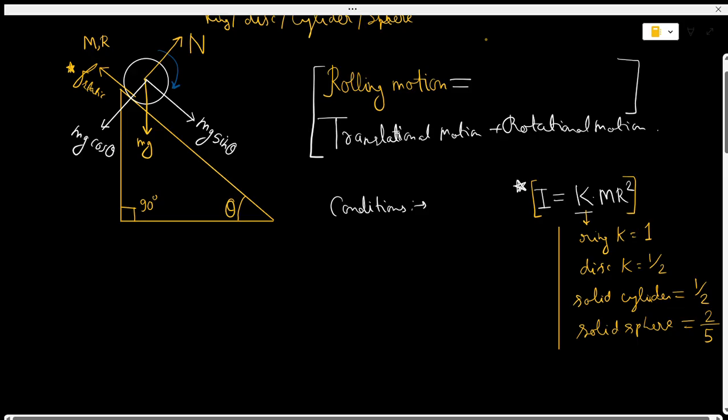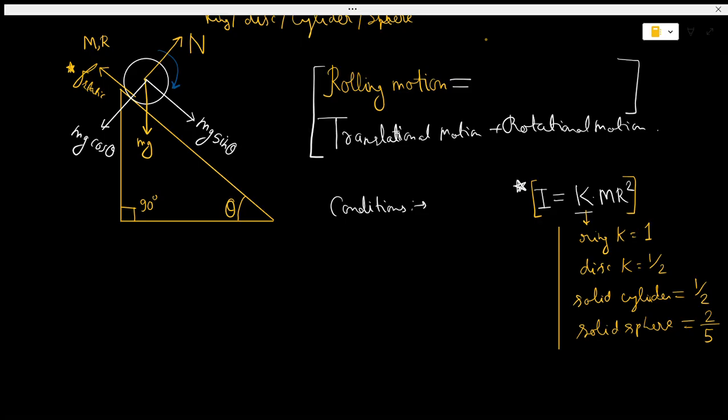What are the conditions for this rolling motion? First, we will write the net motion formula, F net is ma. If this object is moving in the downward direction with an acceleration a, we write the condition F net equals ma. Now what will it be in the direction of the motion?